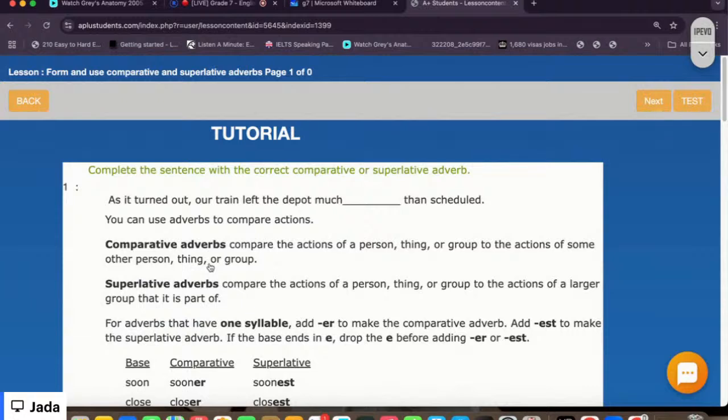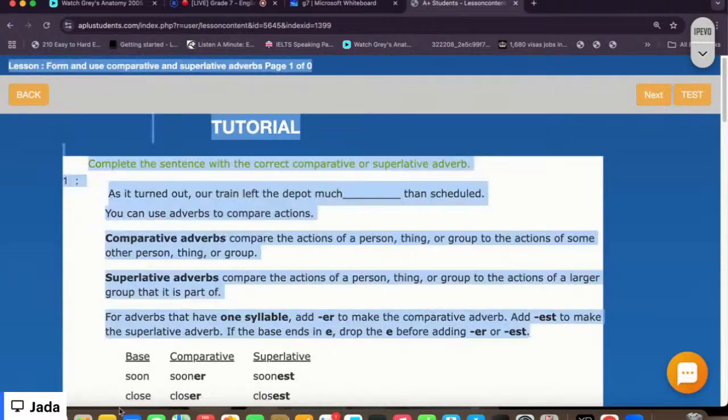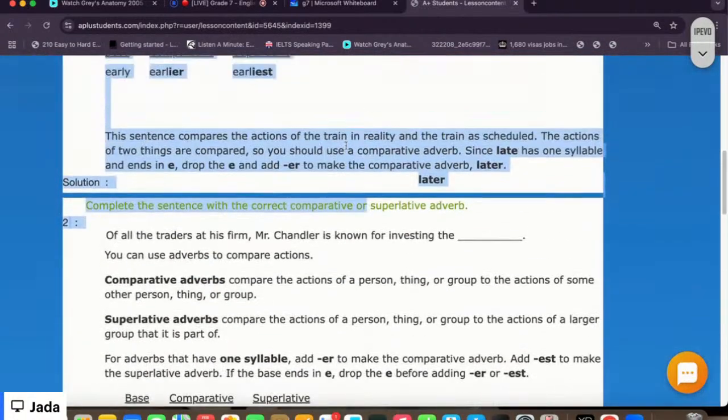All right, so we have: as it turned out, our train left the depot much dash than scheduled. So let's see what is the right one. So much later than scheduled.